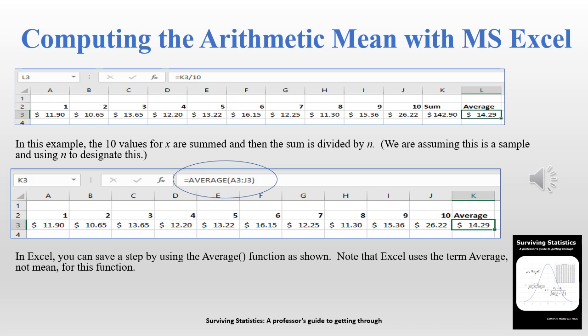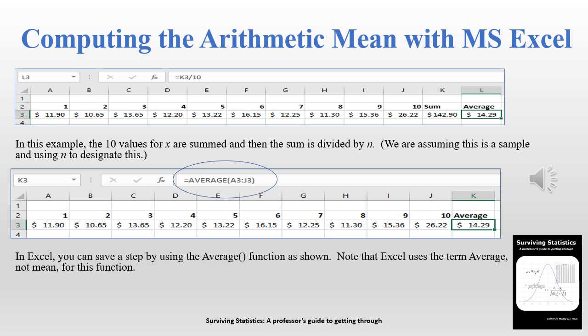Excel is a great tool when you're working with statistics, and it's very easy to compute the mean in Excel. One simple way to do it is to use the sum, as you'll see in the top example on this screen here, where you sum up all of the values and then just divide it by the number of observations. In this case, we have the sum in K3 divided by 10, giving us an average of the values that you see on screen of $14.29.